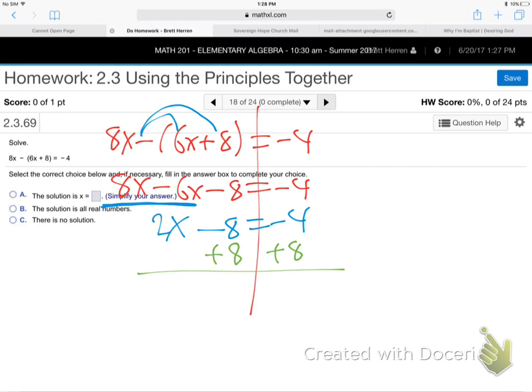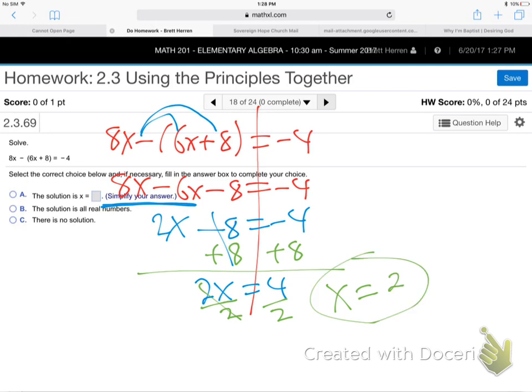Like that. These are gone. And this is what, 4? 8 minus 4. Last step is always divide by the identical twin. So x is 2. Did you get that? Did you get that 2? All right.